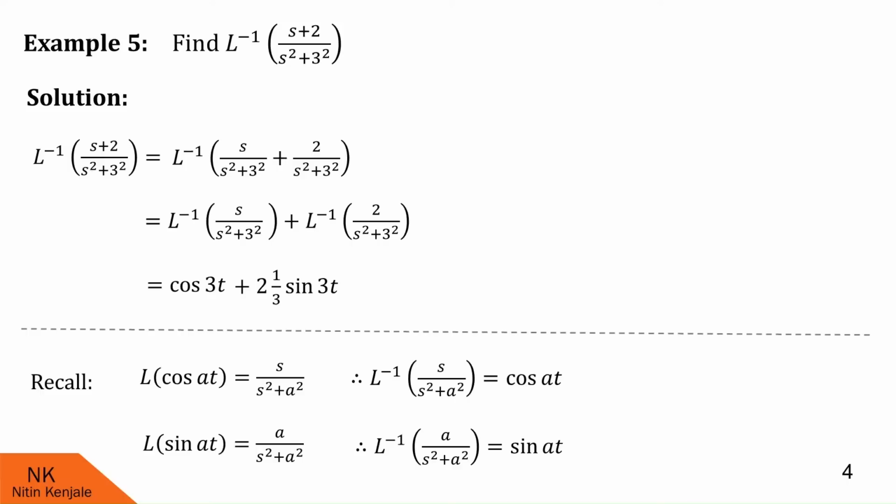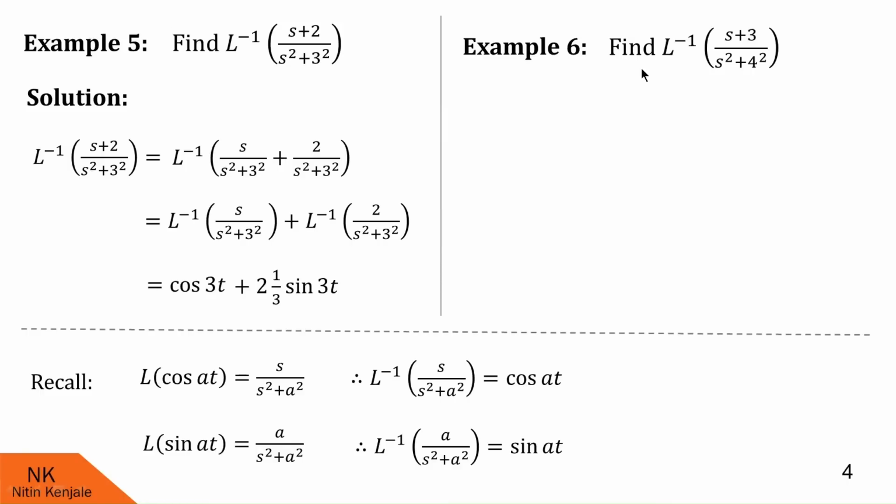Now let us go for a similar example. Here we have to find L inverse of s plus 3 upon s square plus 4 square. Just like the previous example, you can first distribute this function over the addition in the numerator. Then using the linearity property of L inverse, you can find L inverse of s upon s square plus 4 square and L inverse of 3 upon s square plus 4 square.